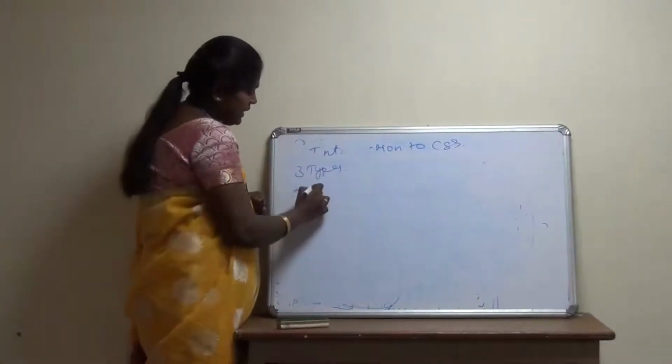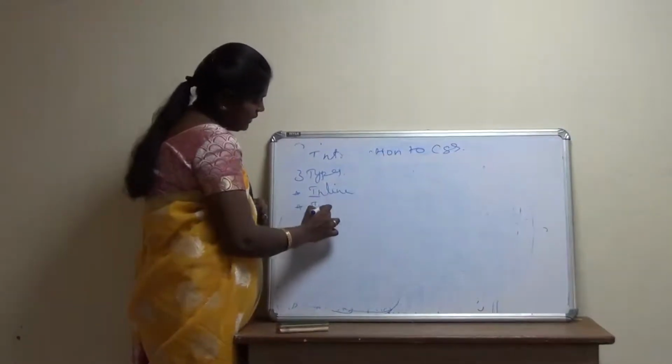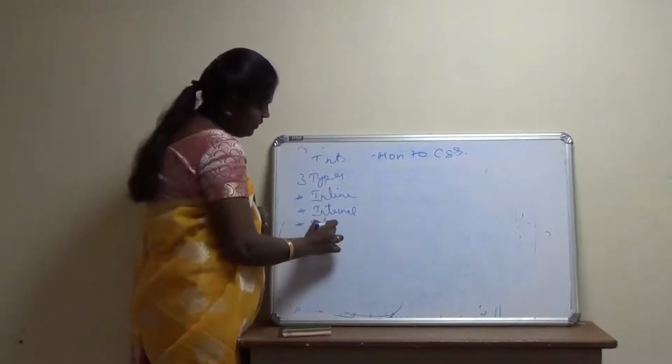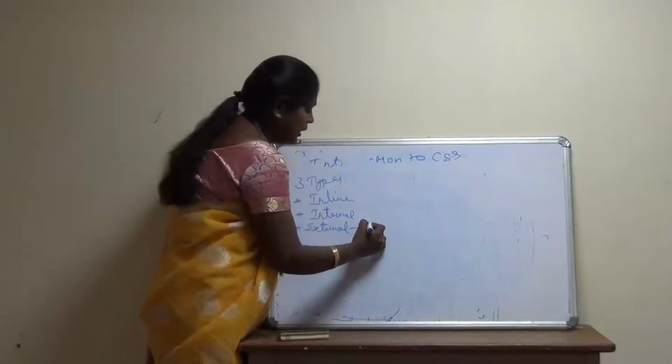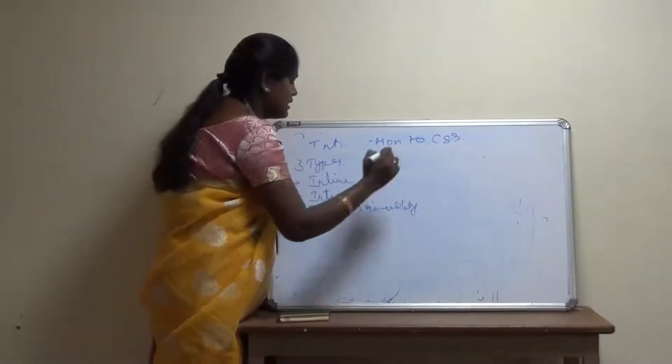The first one is inline. Second one is internal. The third type is external. Mostly we will use external because it improves reusability. So that's why we use external CSS.